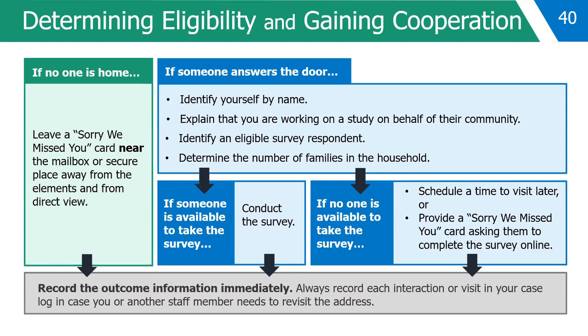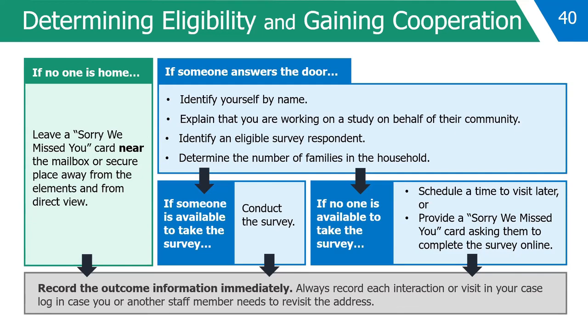So that's part of the survey flow. But if there's no permanent residents at home or no people who live there most of the time who are at home, you will want to see if you can come back another time when somebody will be home. And then you can again leave them that sorry, we missed you card. And that card will have a link for the survey, and you can write on the card their unique ID so they can take the survey with that code.